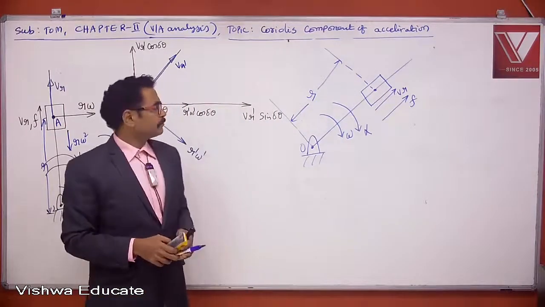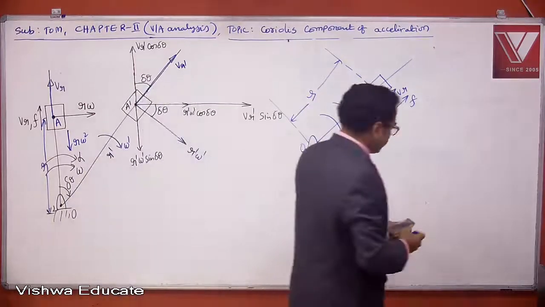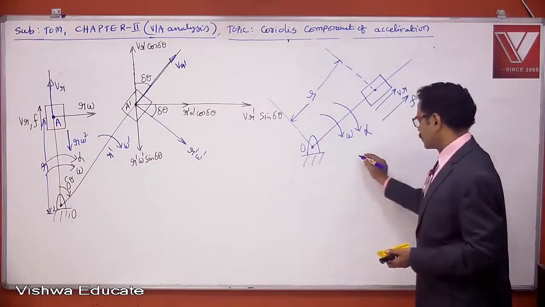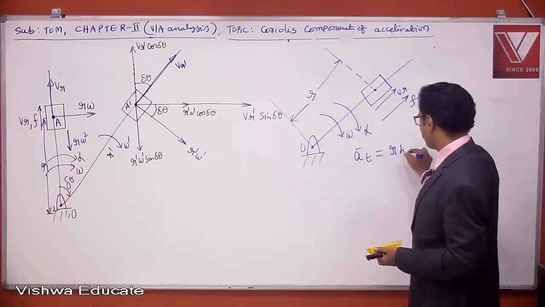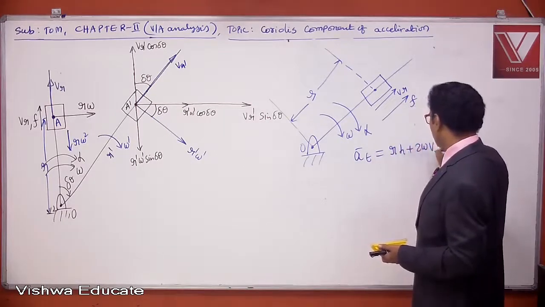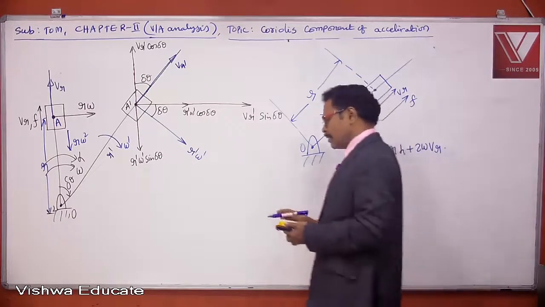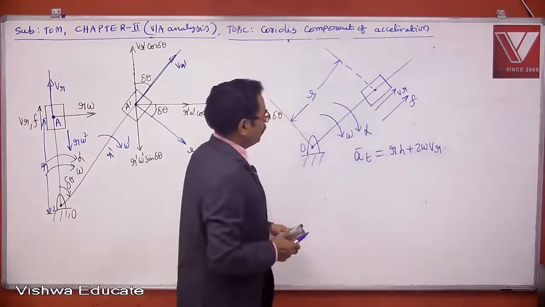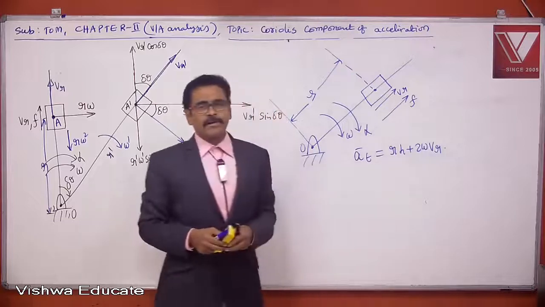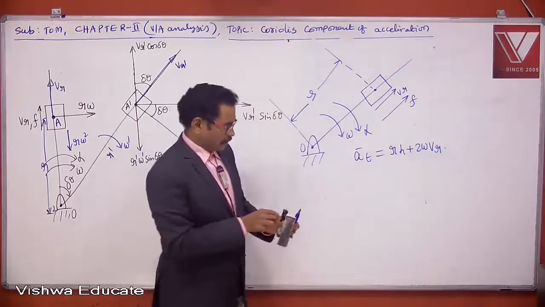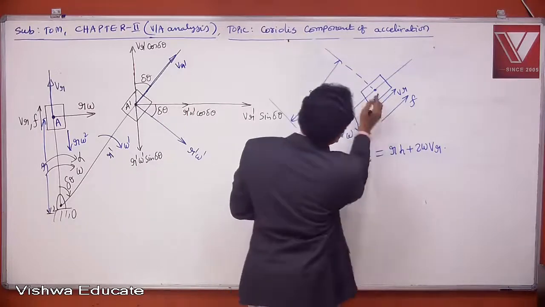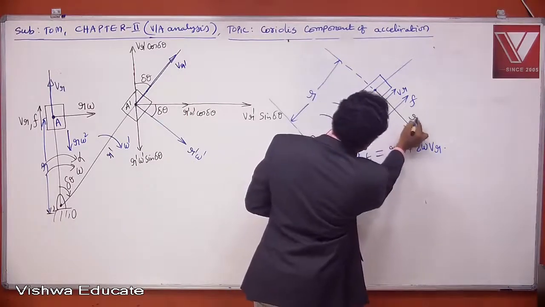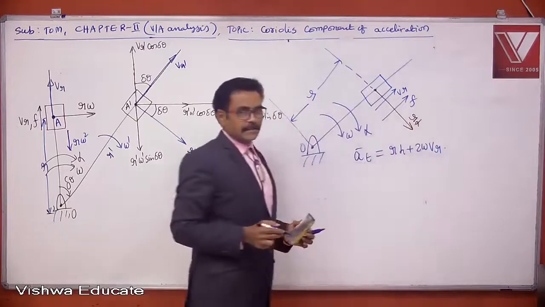So what is the total tangential acceleration here? Total tangential acceleration A bar T is equal to R alpha plus 2 omega VR. What is the direction of R alpha? Tangential to the link.